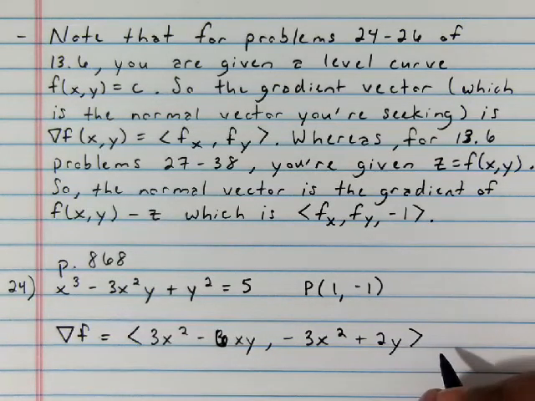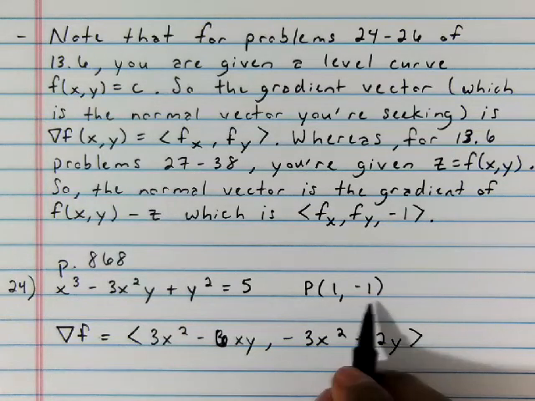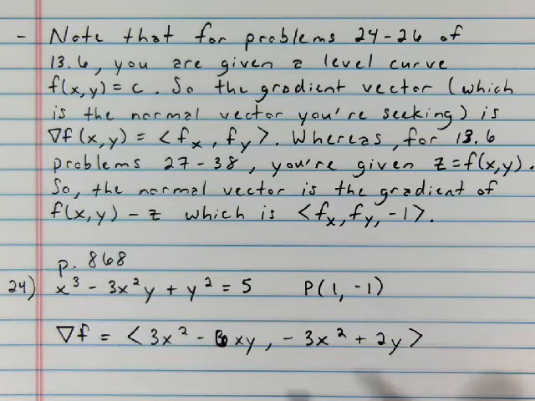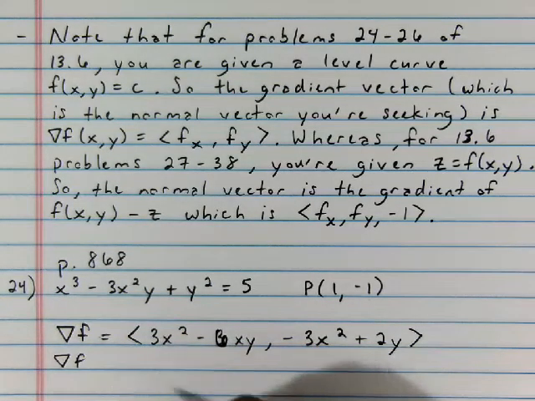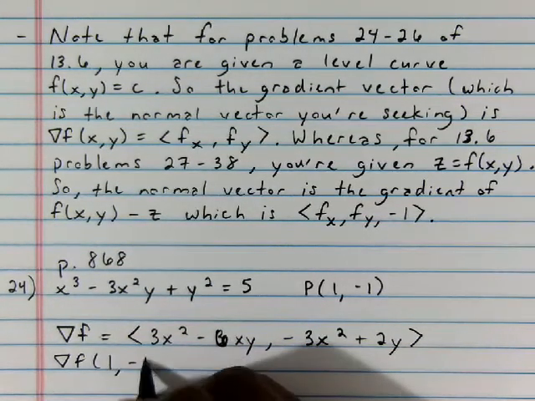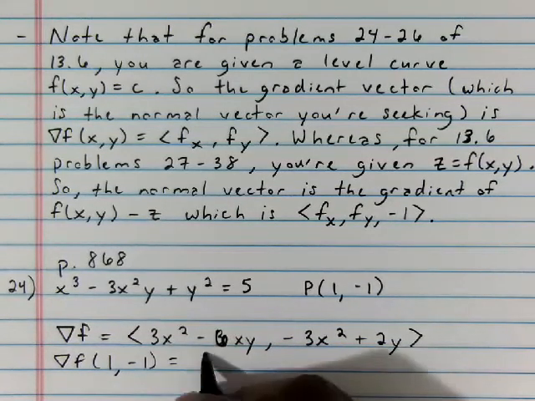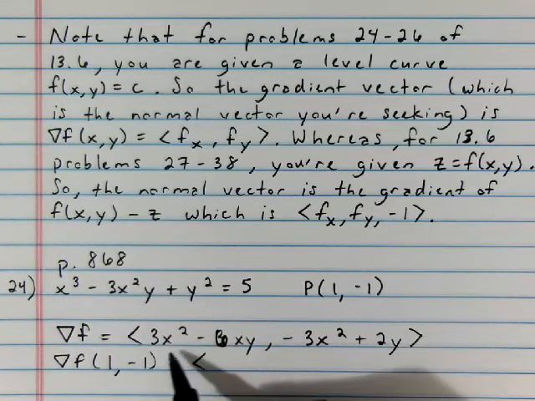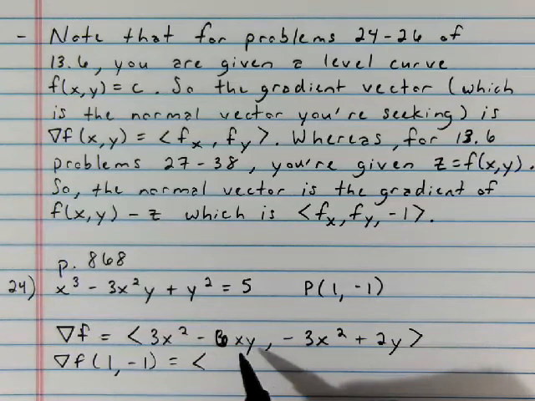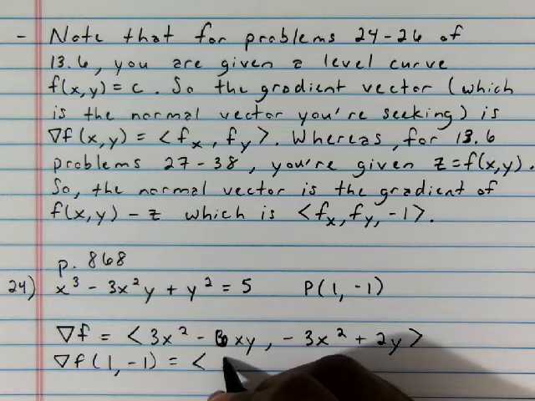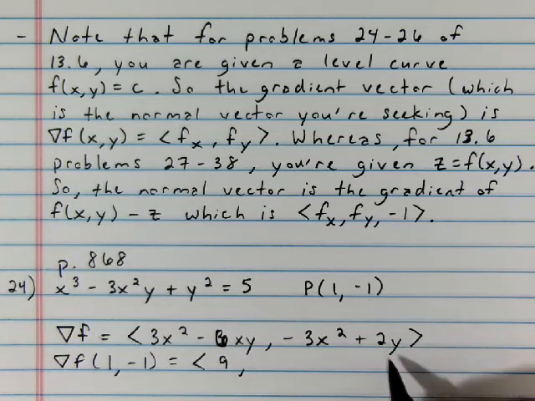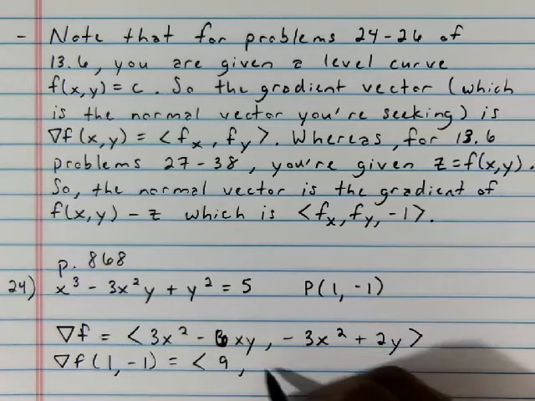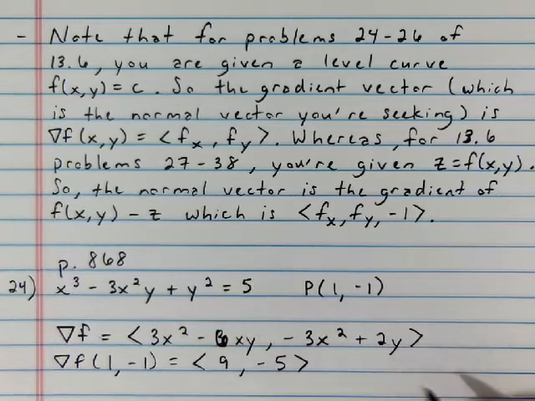And now what we're going to do is evaluate this gradient at that point, and this will be the normal vector that they're looking for. So the gradient of f at 1, negative 1 equals the vector 3 plus 6, which gives us 9, and then negative 3 minus 2 gives us negative 5.